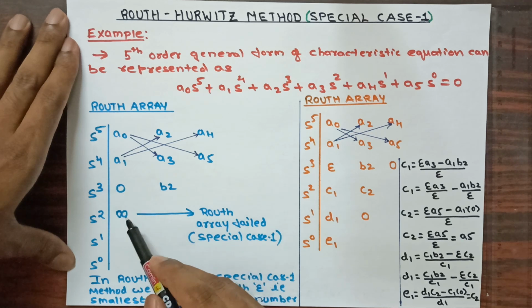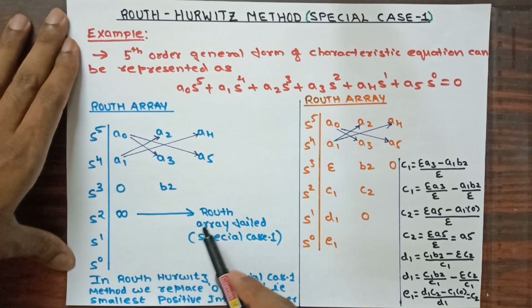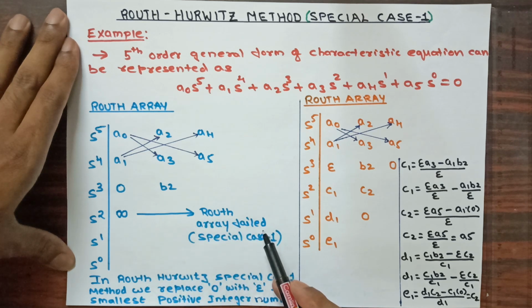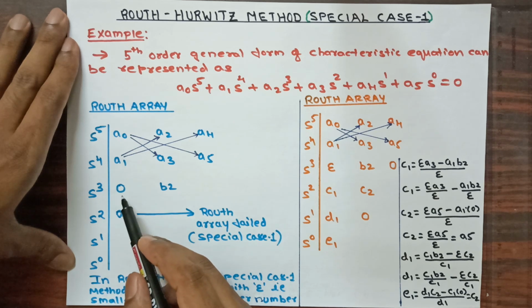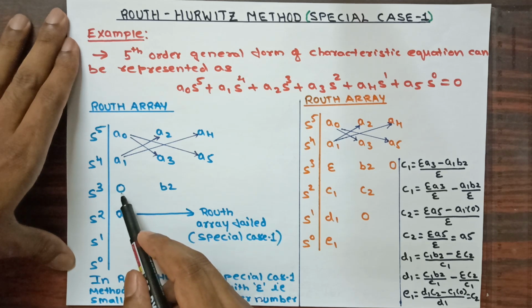So once you get infinity, further we are not able to form the Routh array, that means the Routh array fails in this. So when such a condition comes, we are going to use the special case 1. Let's see how to proceed with special case 1. Now in this, once we get 0, anyhow we need to form the array and we need to comment on the stability. We are going to replace this 0 in special case 1 with epsilon.